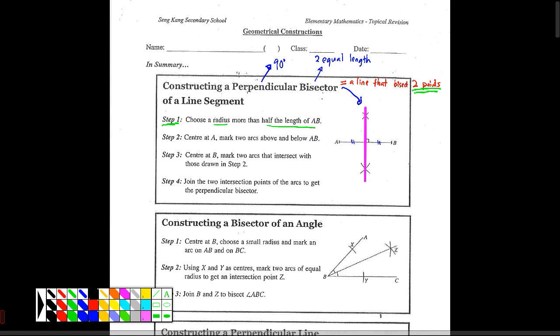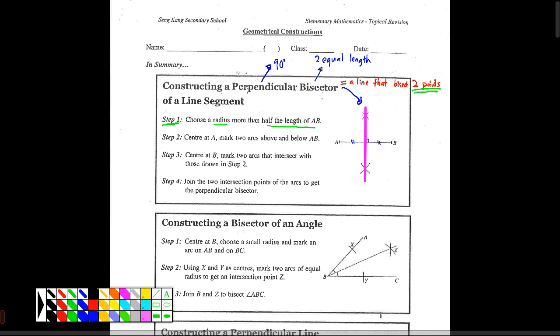Now, what do you mean by half the radius? Now, if I take this, I open, I place the needle at A. Now, if I open it small and I draw an arc, do you think the 2 arcs will join?